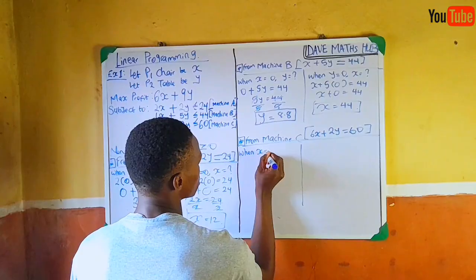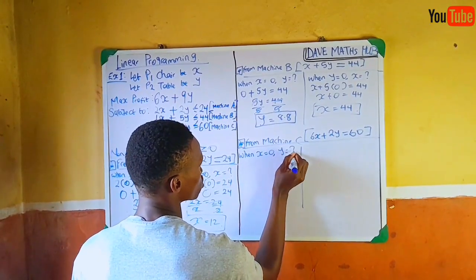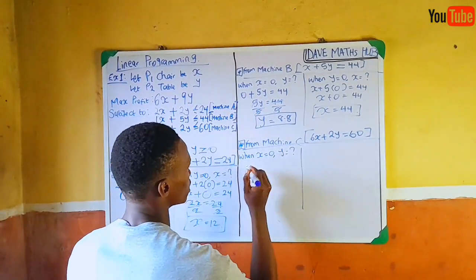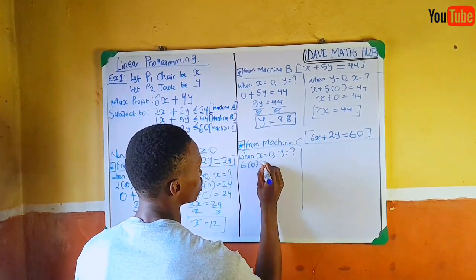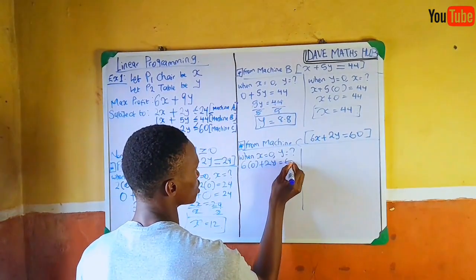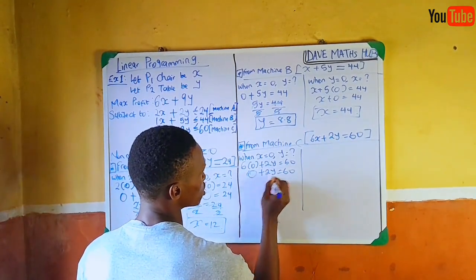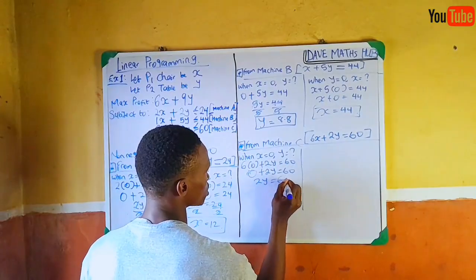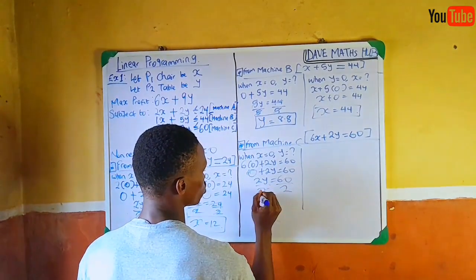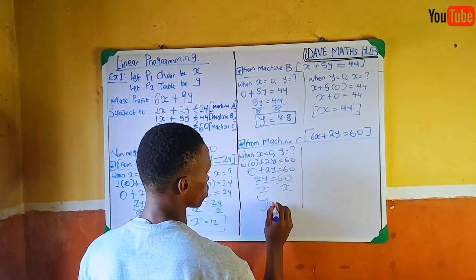When x is equal to 0, y is equal to unknown. So 0 plus 2y equals 60. 2y equals 60, divided by 2. Y equals 30.